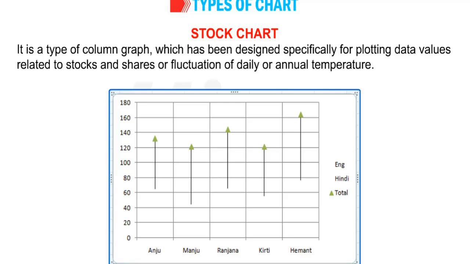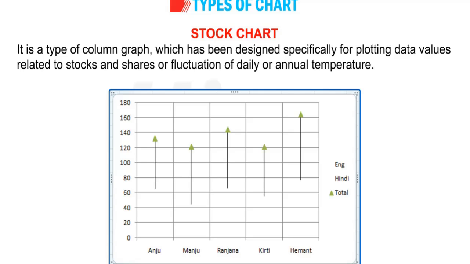Stock chart. It is a type of chart which has been designed specifically for plotting data values related to stocks and shares, or fluctuation of daily or annual temperature. You may have heard about the share market, stock market. Is it? Yes.